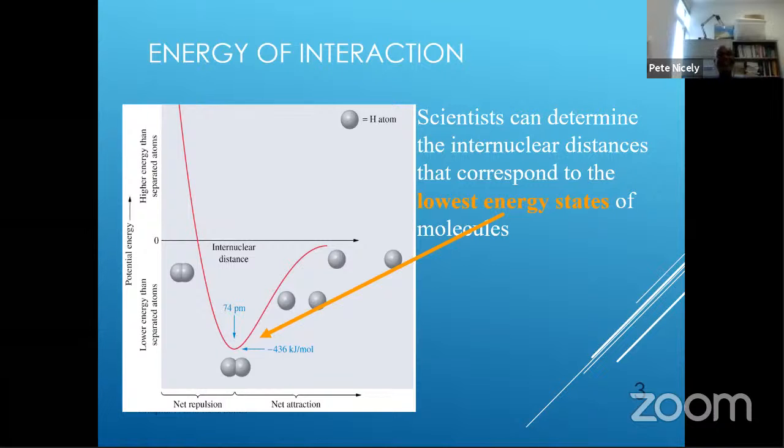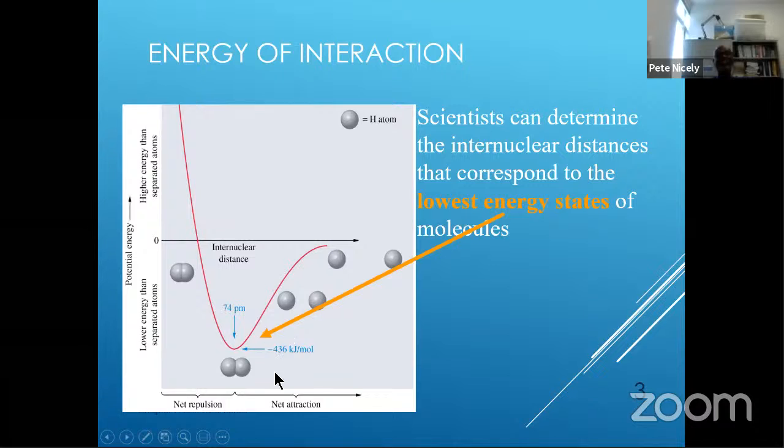So this is showing you how the energy changes as the internuclear distance increases or decreases for the hydrogen atom. And as stated here, chemists or physicists can determine the energy required to break apart the molecule to form the individual atoms, right?